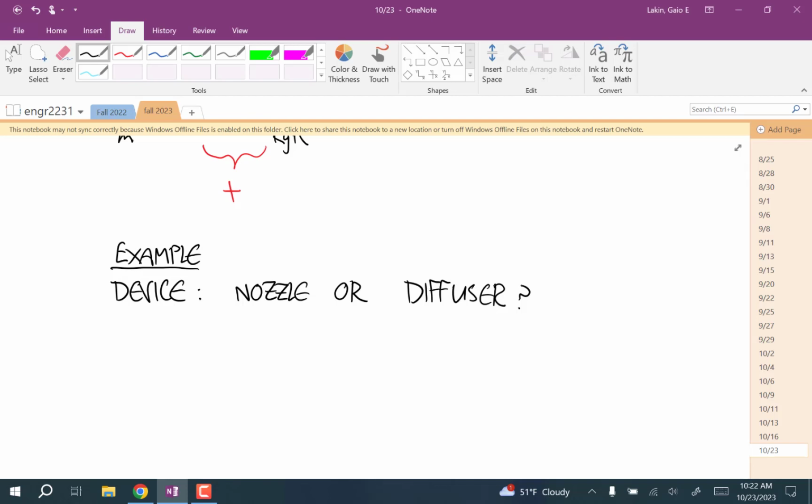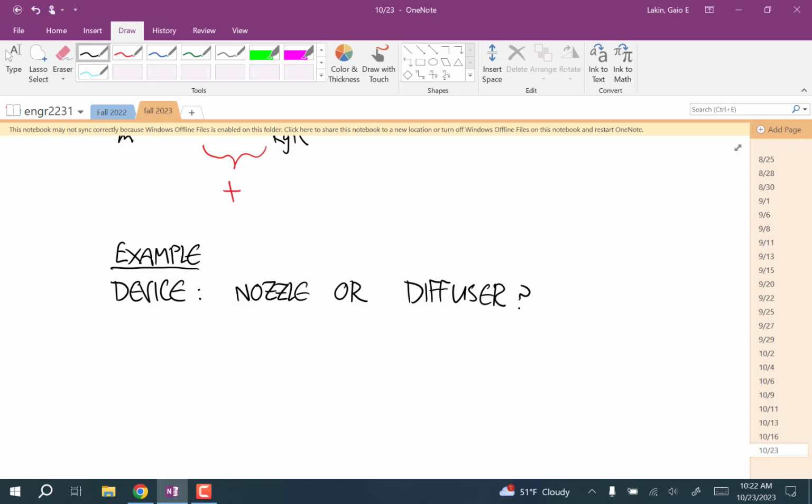The question is just, is it faster and higher pressure at the beginning, faster and lower pressure at the beginning, or slower and higher pressure at the beginning? You know what I mean? So what we're going to do is use the first law for control volumes to figure out the properties that we're missing. And then we're going to use the second law for control volumes to figure out which direction is possible based on the entropy production. Okay, are you with me on that?